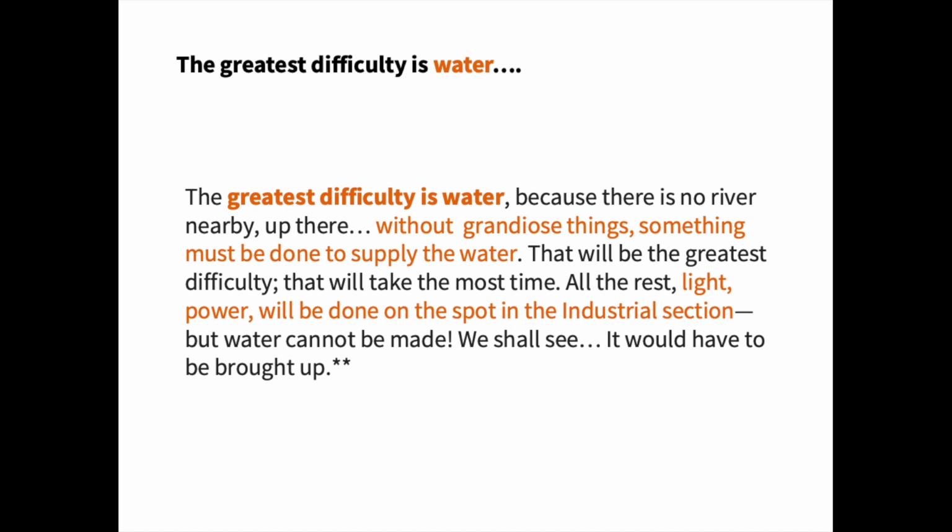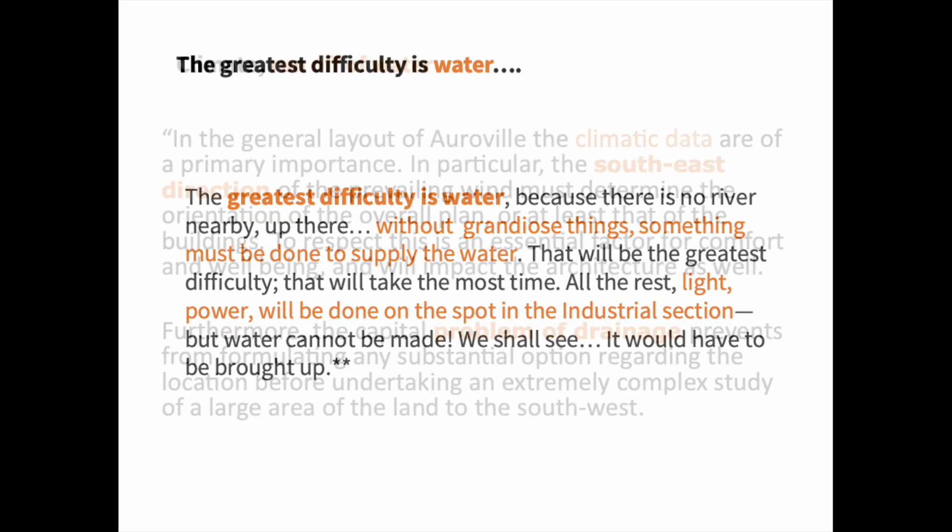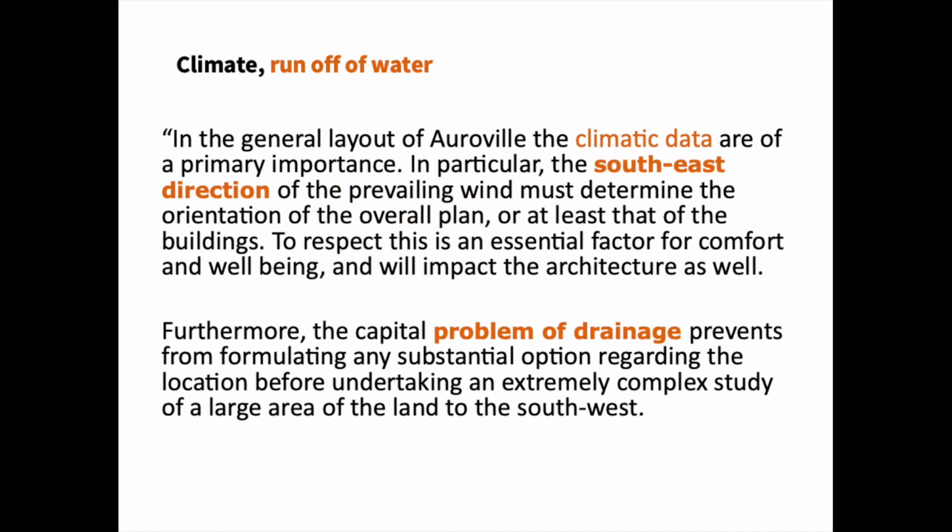There is no water to actually sustain a town if we don't look at it in a new way. So he had really pointed this out. And he had also said that given the climate, alongside all the wind and sun context, we have a monsoon. So he also said the capital problem of drainage prevents from formulating any substantial option.